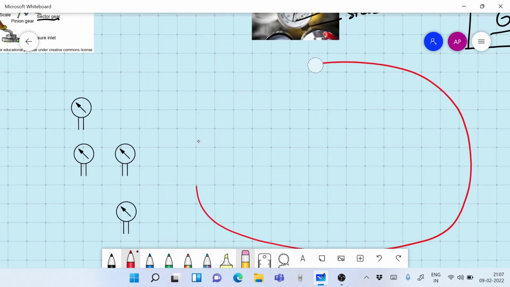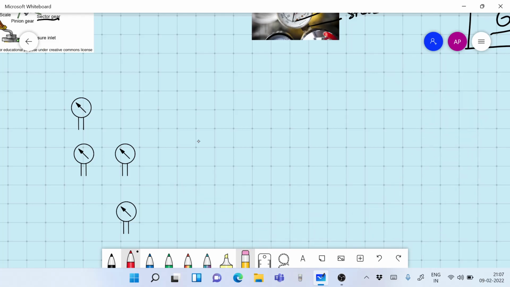So this is going to be the representation of a pressure gauge. This is the usual representation we have of a pressure gauge. Now, if you take any vessel which is open, the pressure in it is going to be 1 atmosphere.